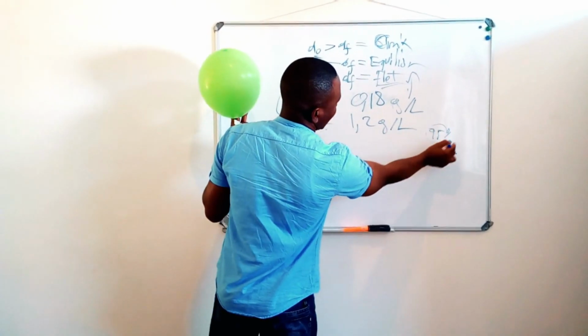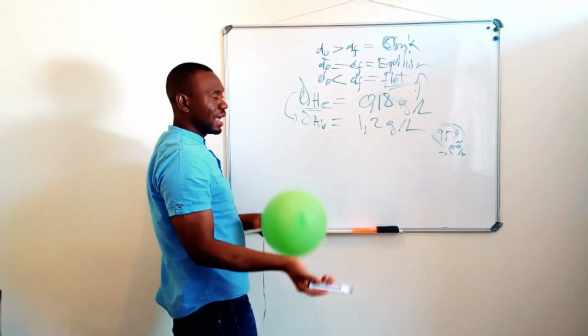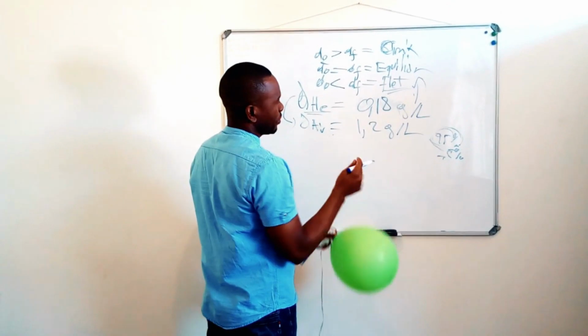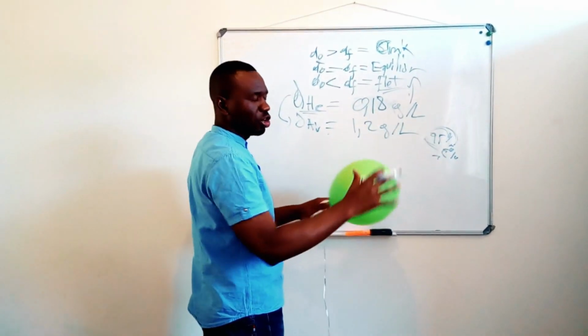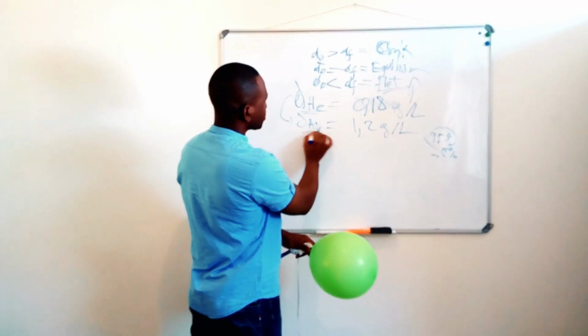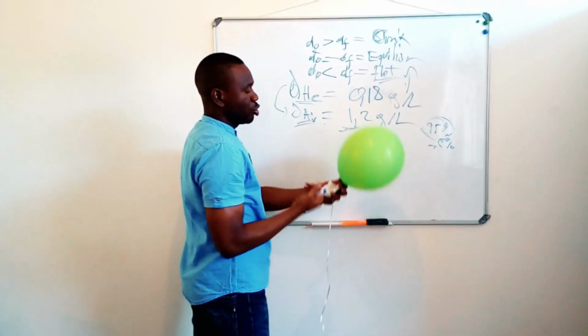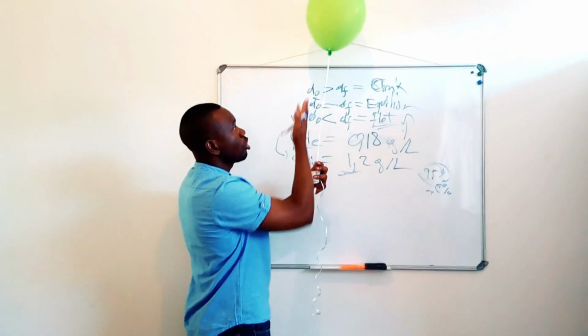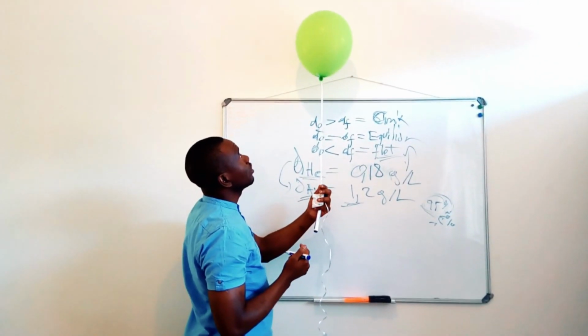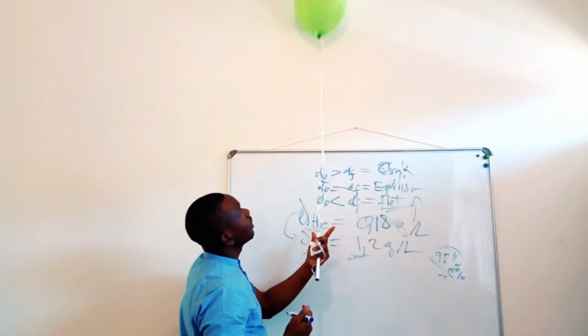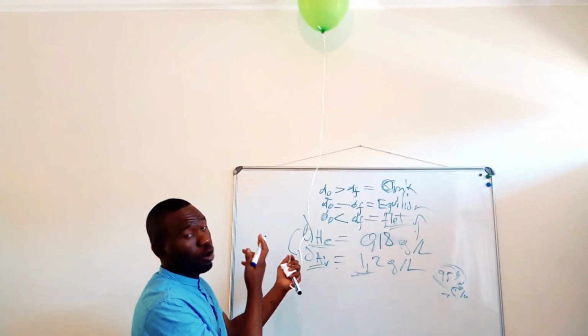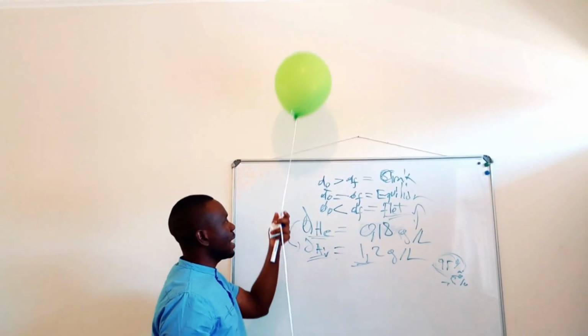So you can see that helium has a higher percentage, which in return I can just say this is just helium. So at the end, given that air has a higher density, it puts a force on the balloon, which in return makes the balloon float or go higher.